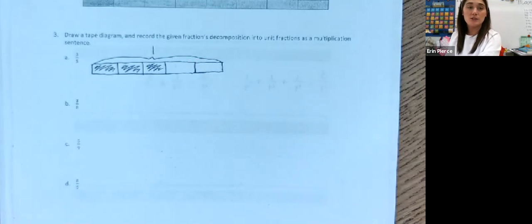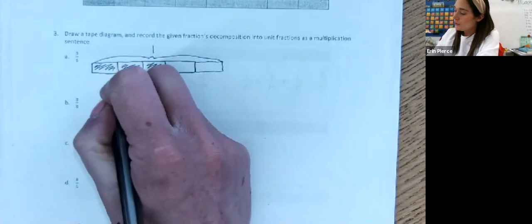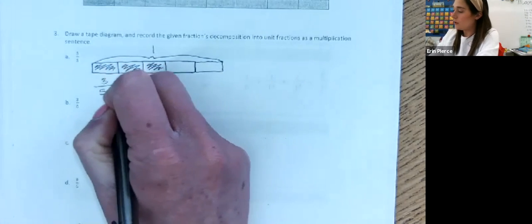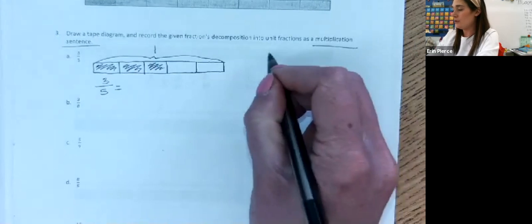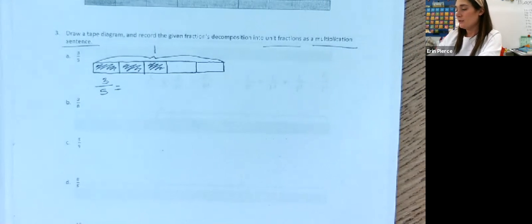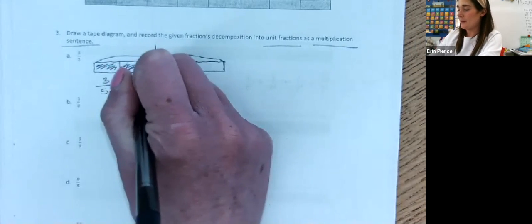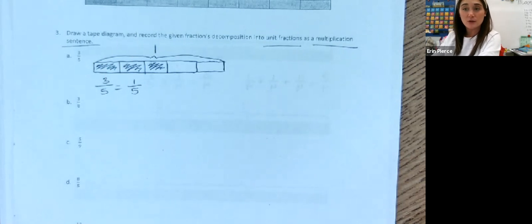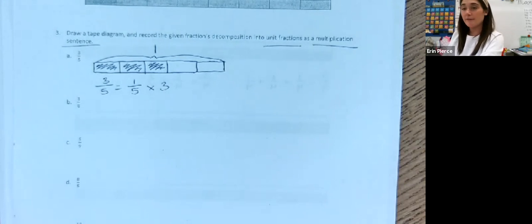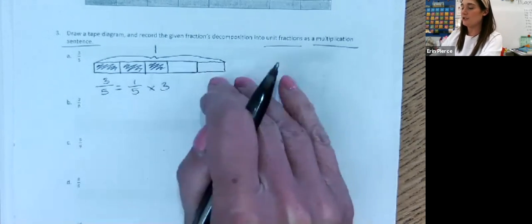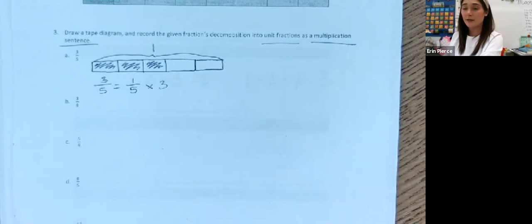So I'm going to do 3/5 equals, I have to do it as a multiplication sentence using unit fractions. So 1/5, how many times am I multiplying 1/5 to get 3/5? Times 3.